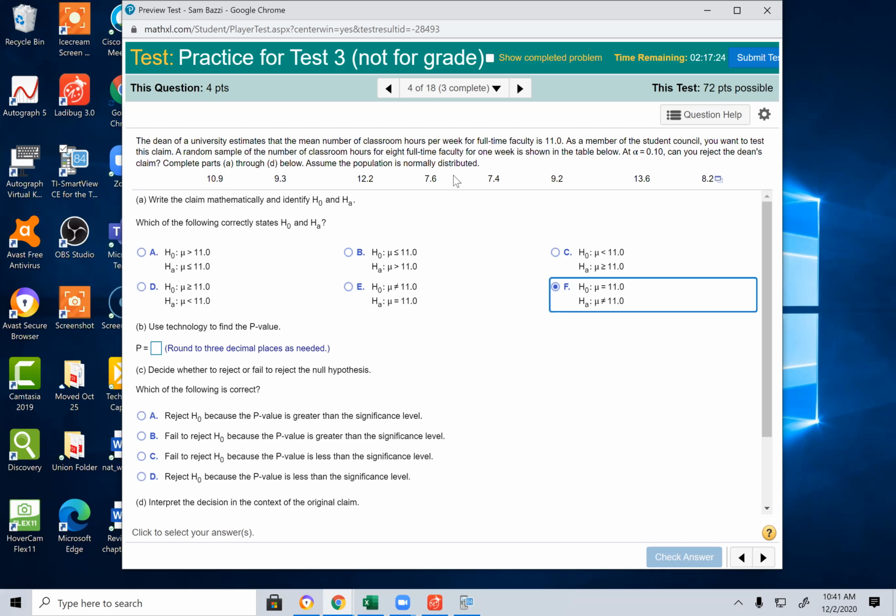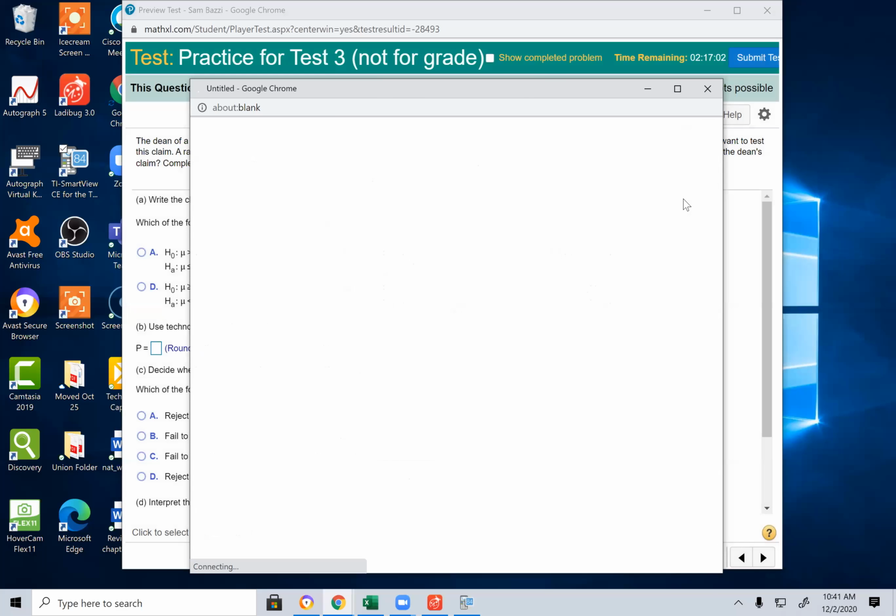So what do you do, guys, in order to solve this problem? You will put the data into what? L1. Could you use StatCrunch for this one? Yes, you could. You want me to do that? So we can do that. Open in StatCrunch.